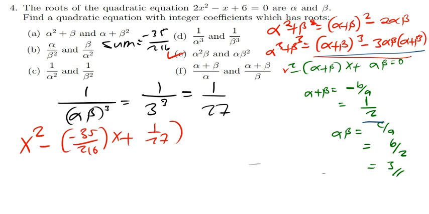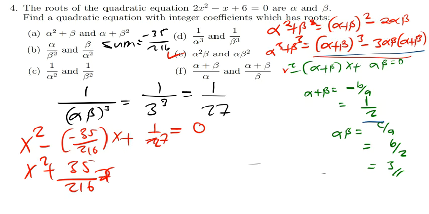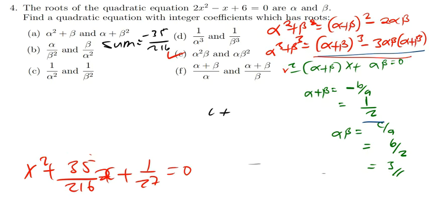In this case, you realize that there will be a number which goes into 27 and 216. If you do 216 divided by 27, it goes 8 times. But if you don't know, you can leave it here. This is x plus 1 over 27 is equal to 0. In this case, I'll multiply everywhere by 216 to get rid of the fraction.